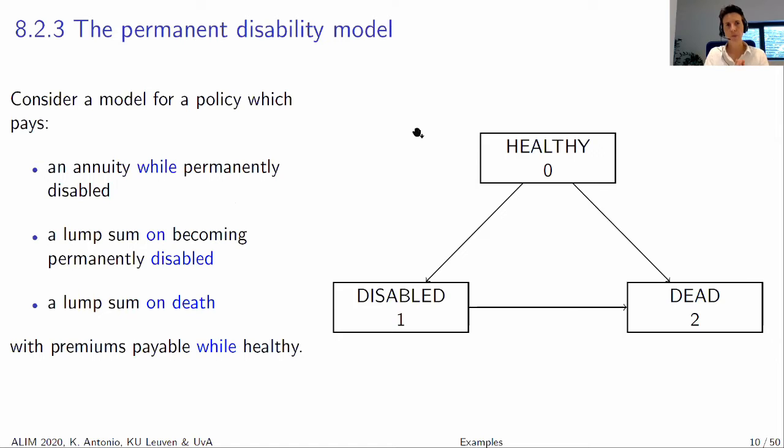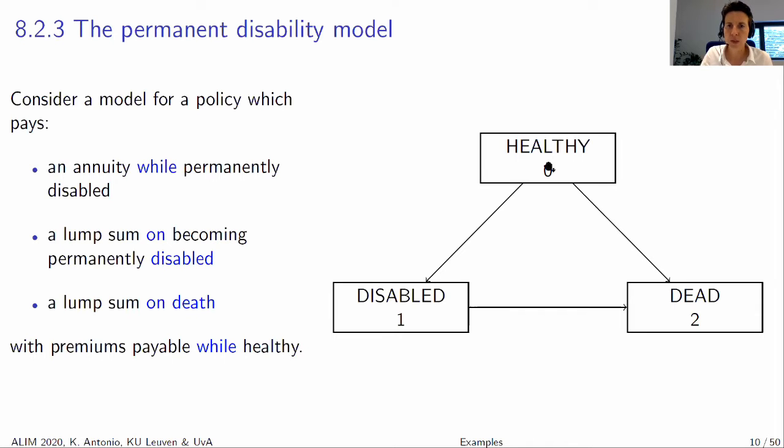Second example, the disability model. This is a very important one because this is, of course, an important insurance product, a disability cover that will pay you a certain benefit while you are not able to go to work. Here we start with a simple version of this model, called the permanent disability model.